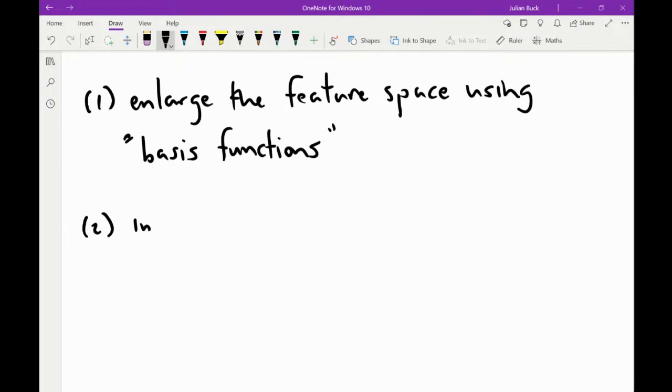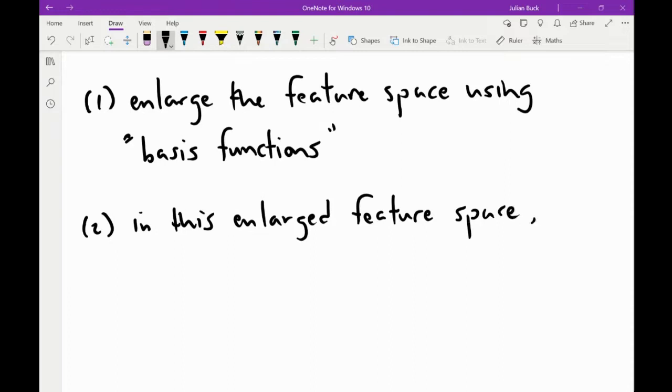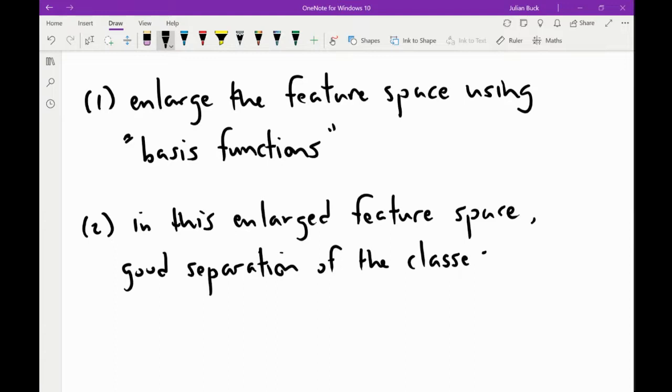So in this enlarged feature space, good separation of the classes by a hyperplane is often possible.